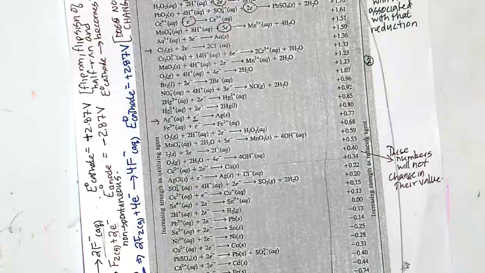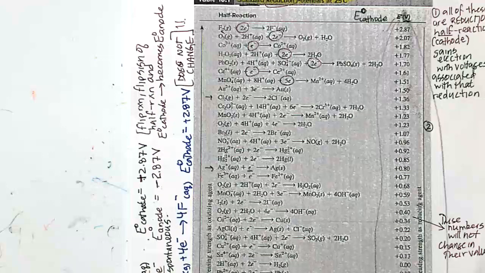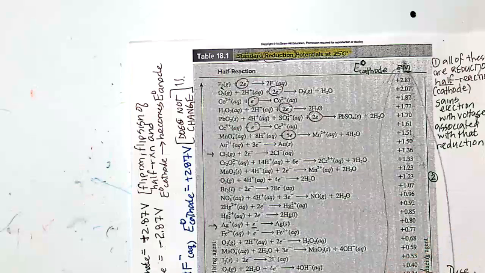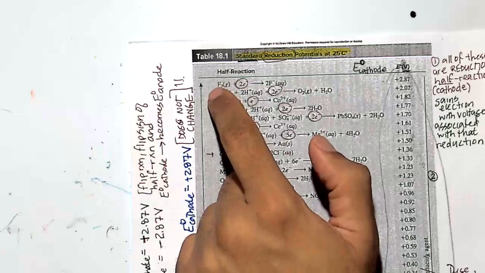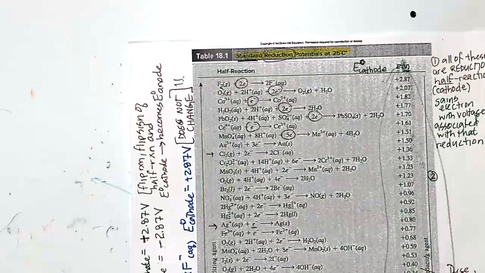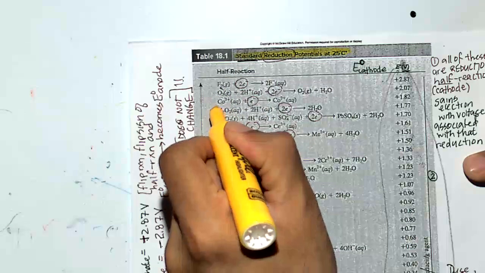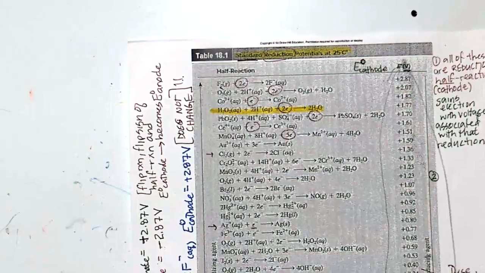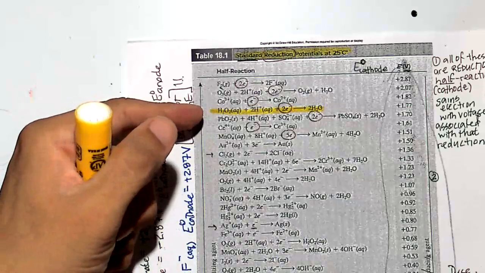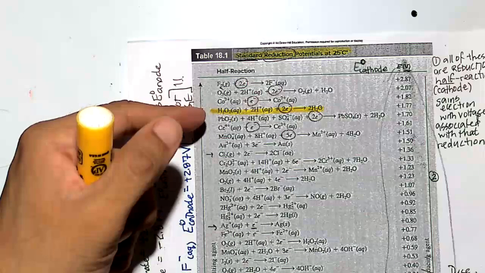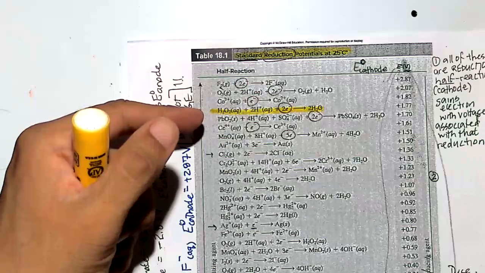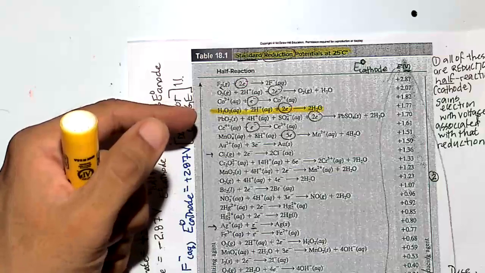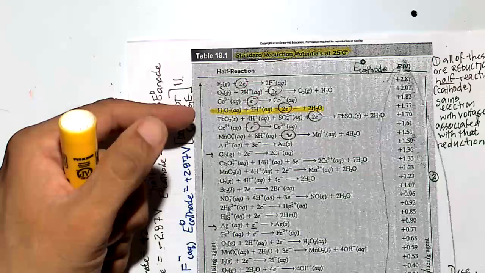All right, now I'm going to teach you something that's kind of a little difficult, so kind of bear with me here. So you're going to pick one or any one of these half reactions. I'm just going to pick this one here. I just chose this third one, or fourth one. And if we want a functional battery from these chemicals, one has to be oxidized and be the anode.